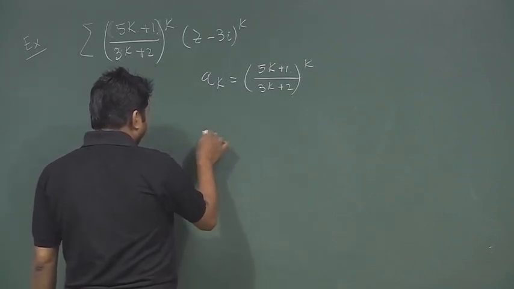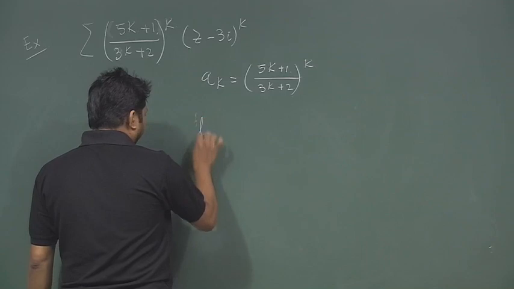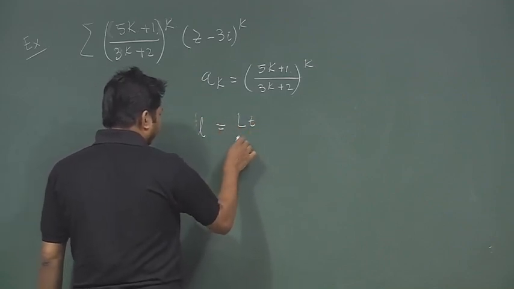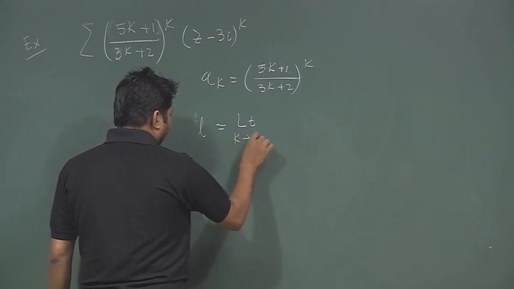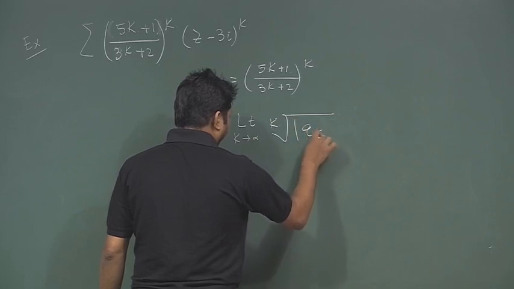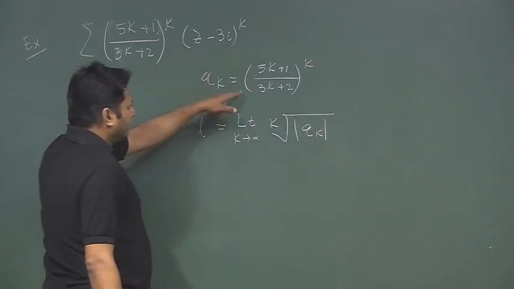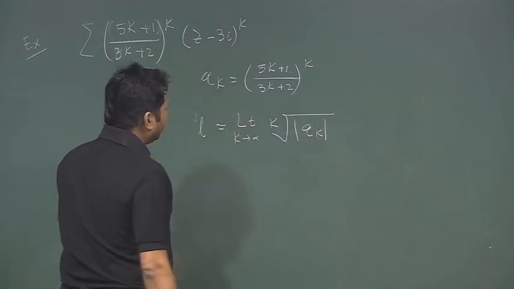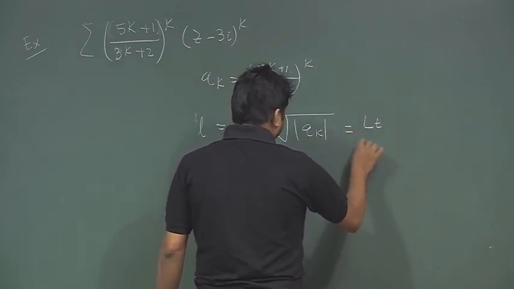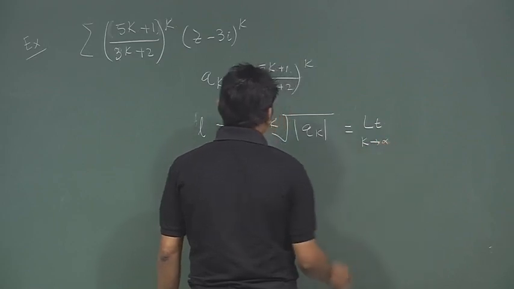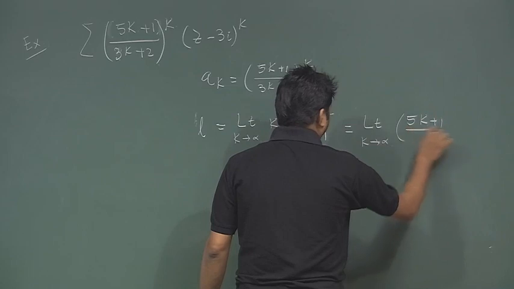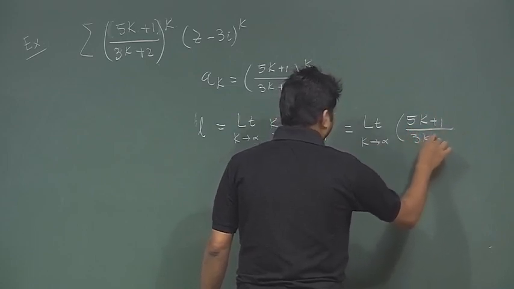So, if I want to take the limit as k tends to infinity of mod a_k to the power 1 by k, it simply comes out to be the limit as k tends to infinity of (5k plus 1) divided by (3k plus 2).